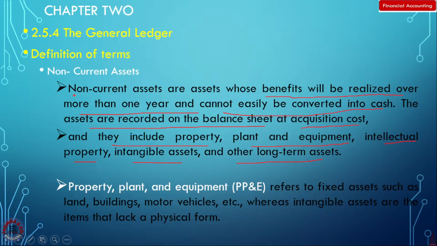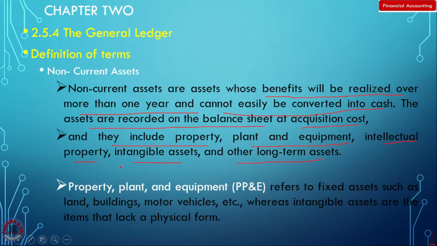So we are saying the non-current assets are assets whose benefit will be realized over more than 1 year and cannot easily be converted into cash. The assets are recorded on a balance sheet at acquisition cost.